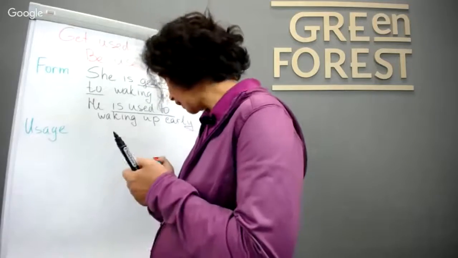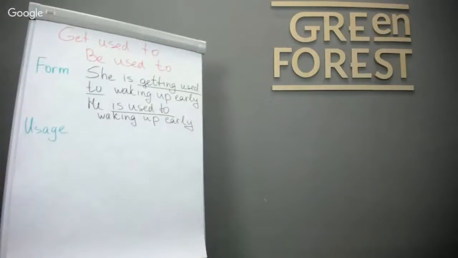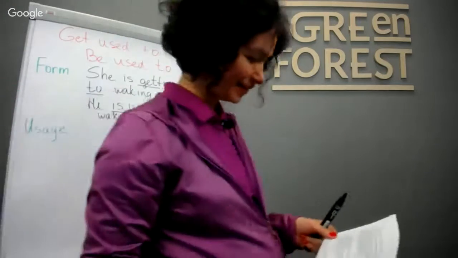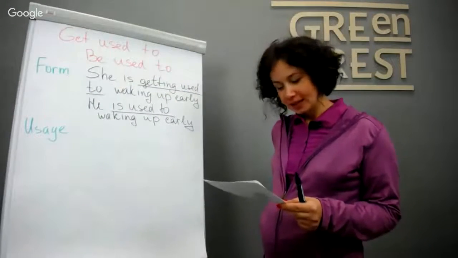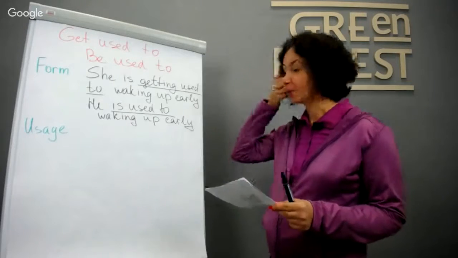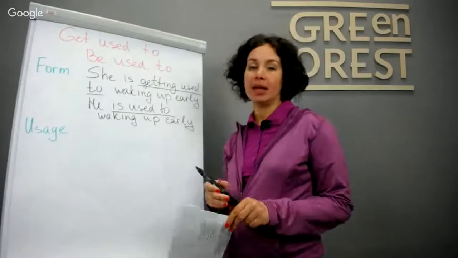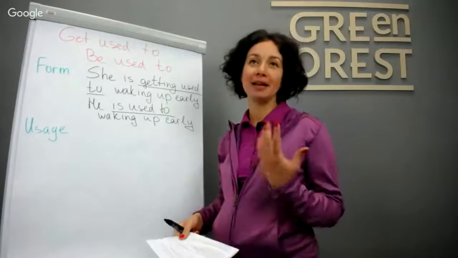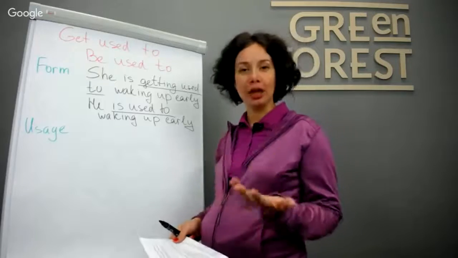I'll get my examples, just a sec. Okay, I'm back. So we will look at the construction get used to. I want you to remember that get means become, and these both verbs mean to change.